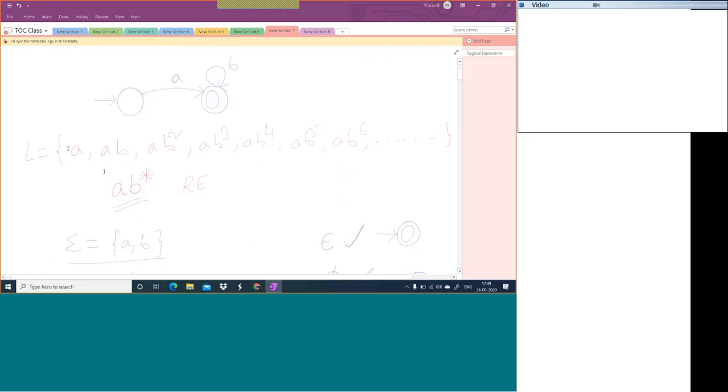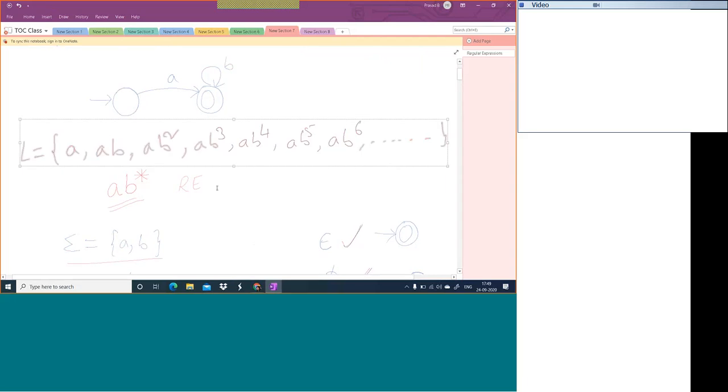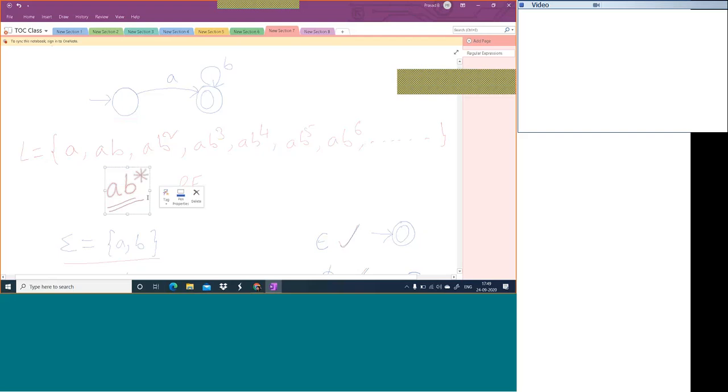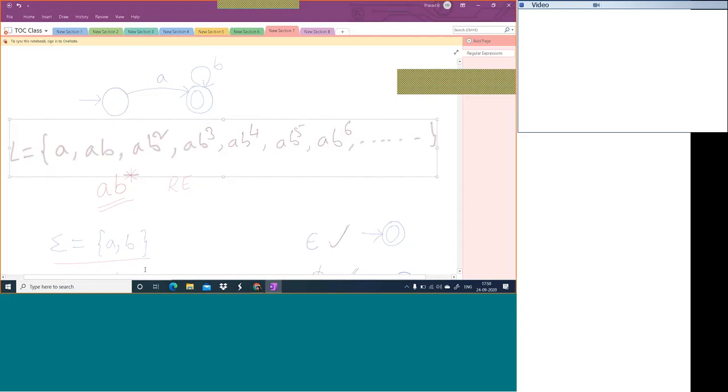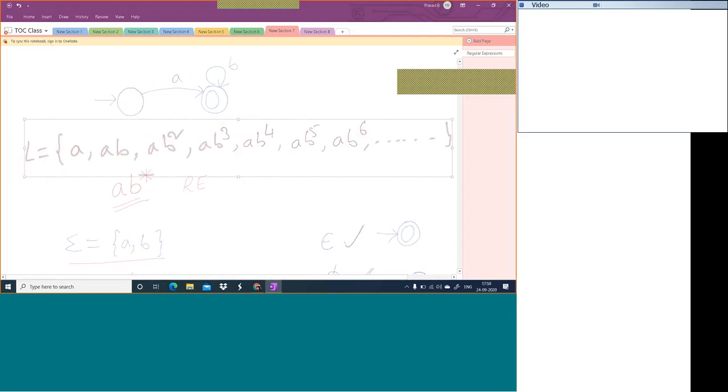Now, what are those strings? These are the strings. So whatever this regular expression represents, the strings, those are these. That is A, comma AB, comma AB square, comma AB cube. So the strings represented by this regular expression, if we write in set form, is called a regular set.